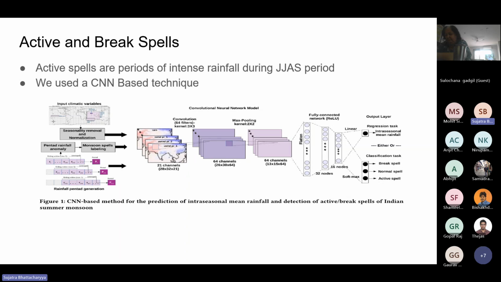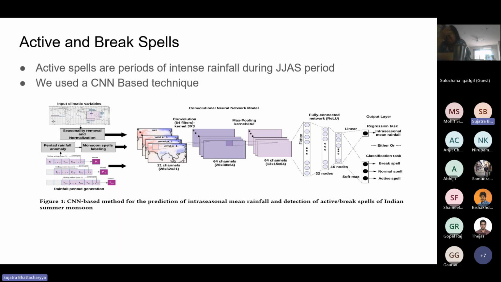And that's what we thought, we'll try to look at active and break spells. I'm sure all of you are familiar with it. Jess has been talking about active and break spells for a long period. Basically, you have periods of intense rainfall, and in between you have periods of no rainfall. That's the active and break spells that we look at. And that's what we were trying to predict using a technique called convolutional neural networks.